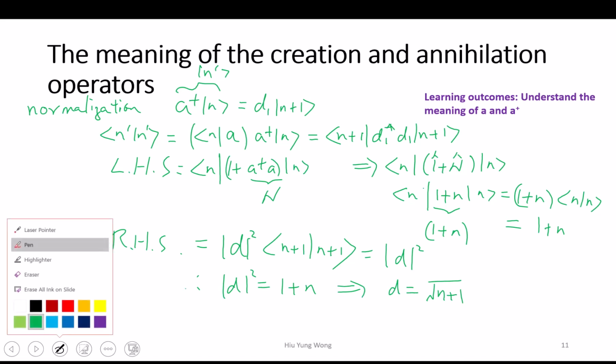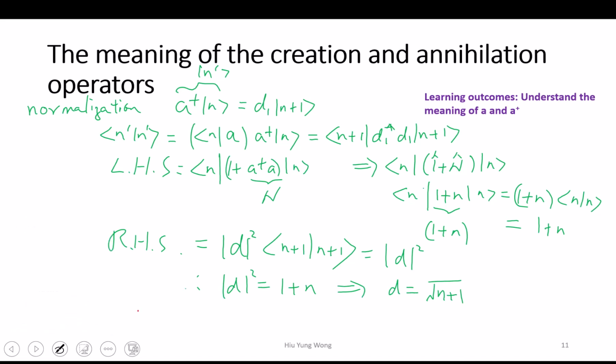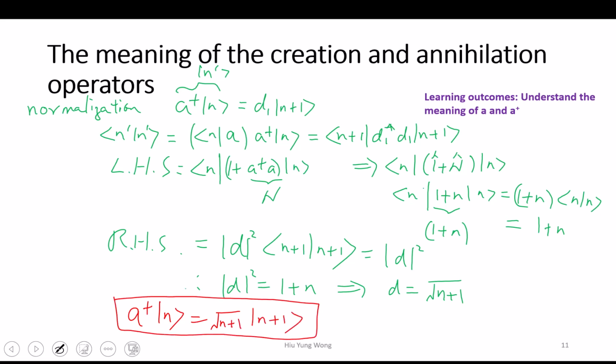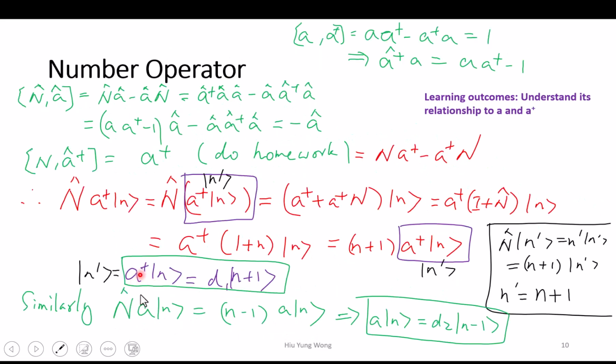Okay? So based on this, what does the raising operator do? It operates on n and becomes square root n plus 1 times n plus 1. Why? Because earlier I showed you that A dagger operating on n becomes D1 times n plus 1, right?